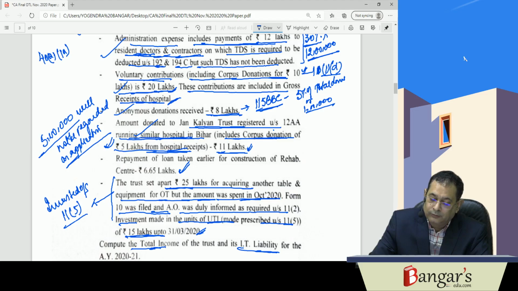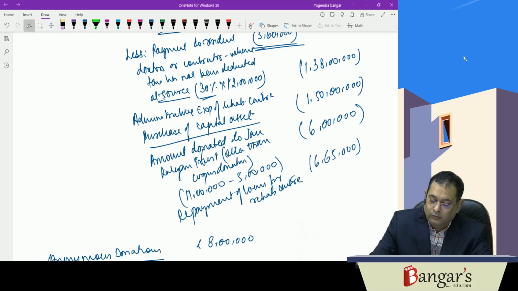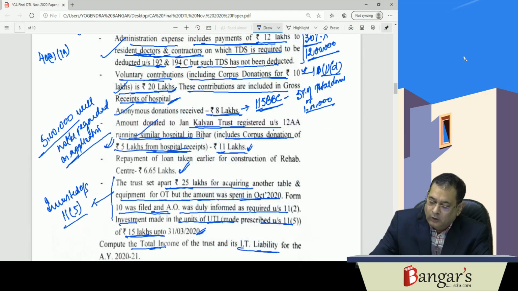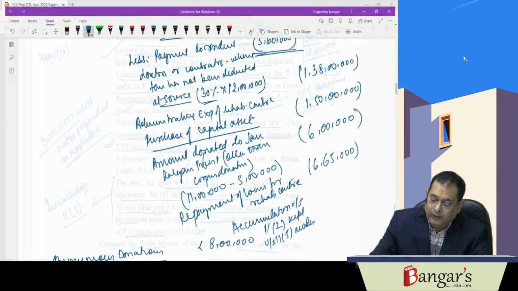Then we have accumulation under section 11(2), capped under section 11(5) modes. That will be application. How much is it? 15 lakhs.